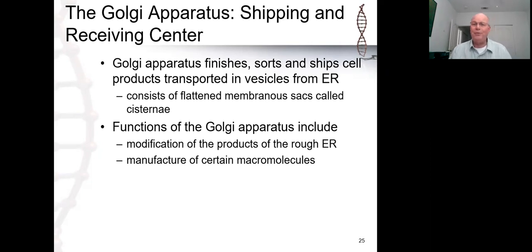You could even modify things if modification is necessary. And the cell is no different. If we're thinking of it as a manufacturing plant, then we need a cellular warehouse.